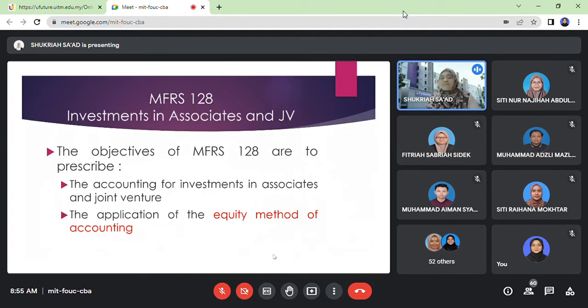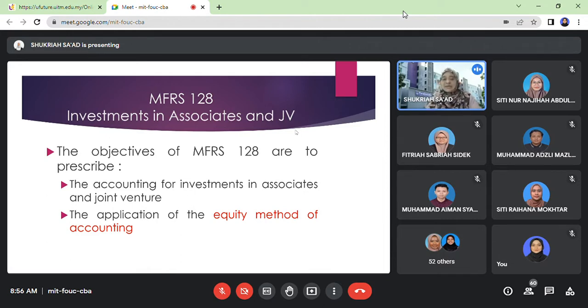Then we come to another standard, MFRS 128. This standard focuses on investment in associates and joint ventures. The first step is to identify whether the joint arrangement, which involves several parties, falls under a joint operation or a joint venture.